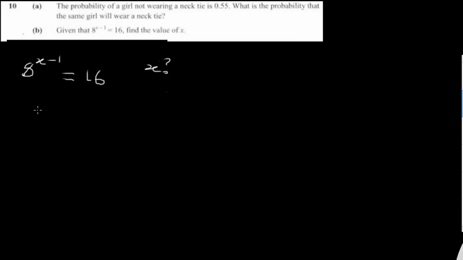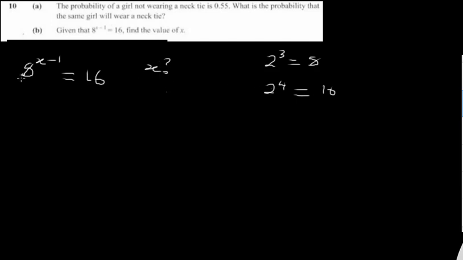If you raise 2 to the power 3, we would have 8, right? So 2 to the power 3 is equal to 8. What about 16? How do we get 16 from 2? Well, 2 to the power 4 gives us 16. Am I right? Yes, I am.